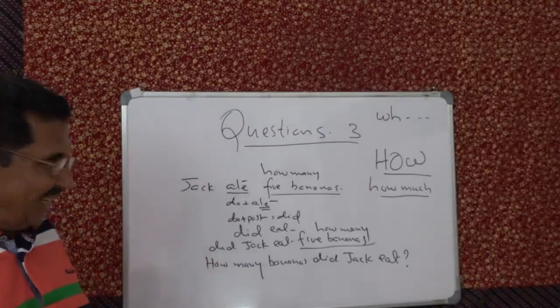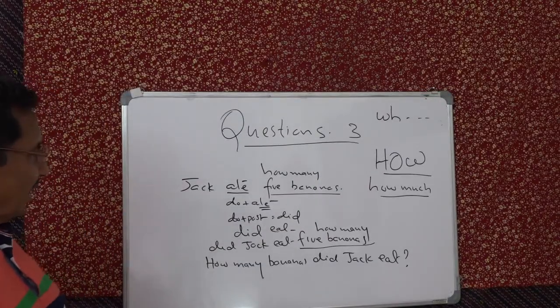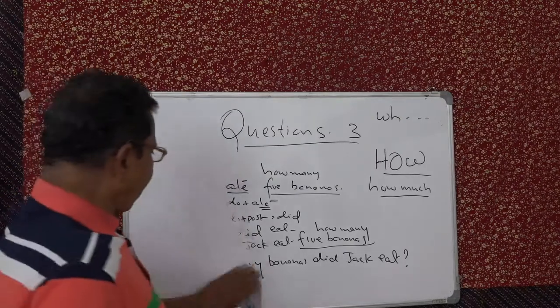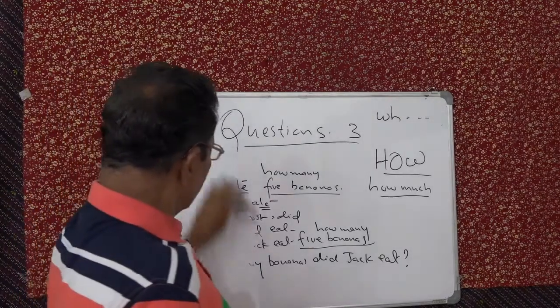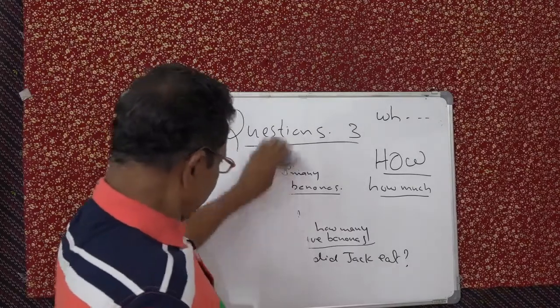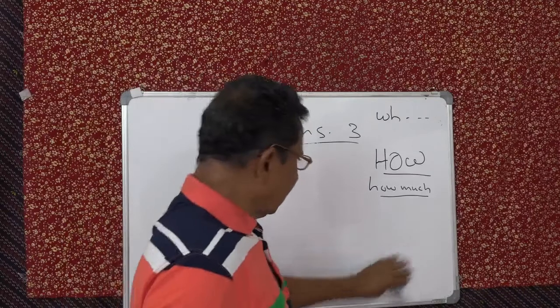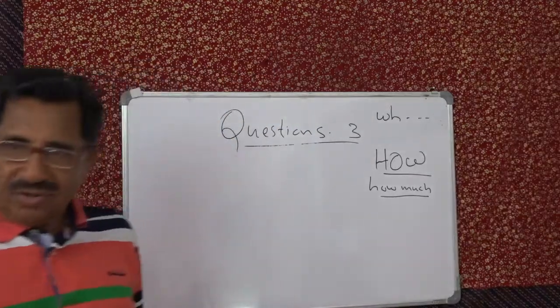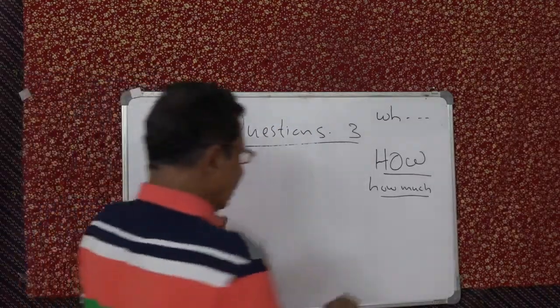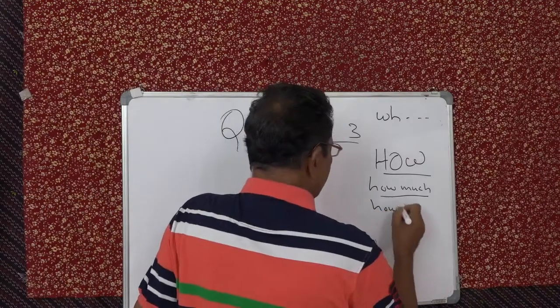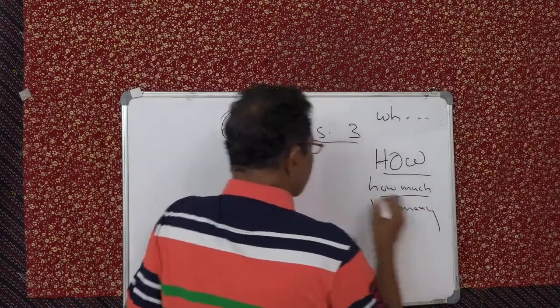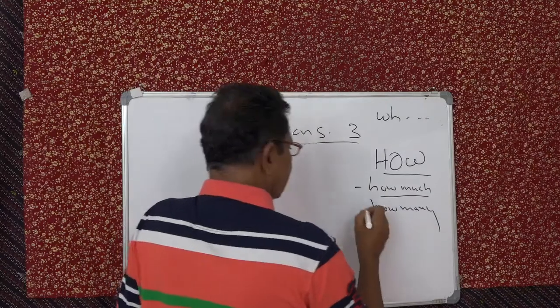Is that all right? Yes. So this is how you make questions with how. How many? I told you, how is a wonderful word, because without how you cannot live. Isn't it? So you need to know all these things. You should know how much, how many, etc. How many, that is number. How much is quantity.